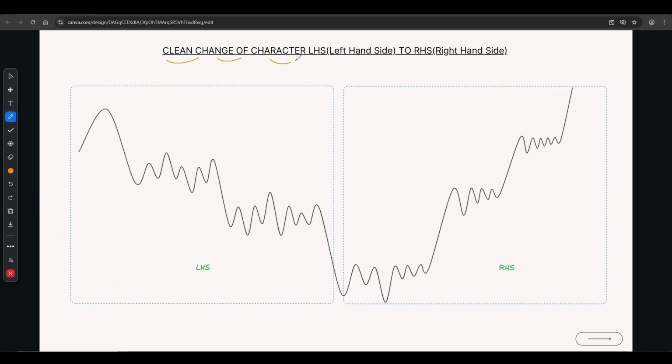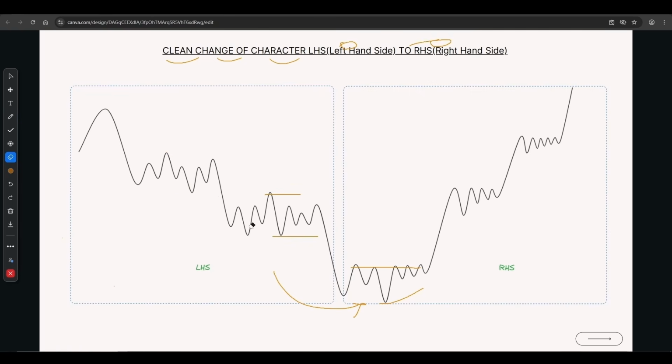So one of the main points that every good price structure should follow is a clean change of character from the left hand side to the right hand side, meaning that the price structure it was following here, which is lower highs and lower lows, lower highs and lower lows, which is full of volatility, it should convert into something like this, meaning that after this phase, whenever the price starts to go from LHS to RHS, it should start making higher highs and higher lows.